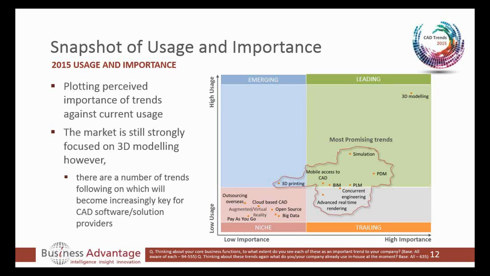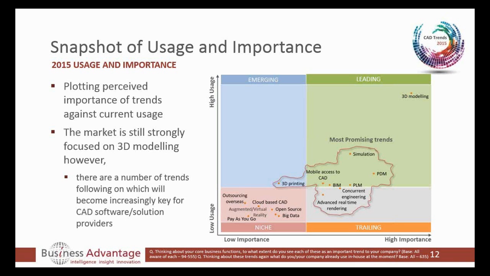If we go to the top right-hand quadrant, 3D modeling continues to be the leading trend or technology that is used and also rates in importance by far. But we do have trends which have moved up this past year, particularly simulation and PDM and to some extent PLM.